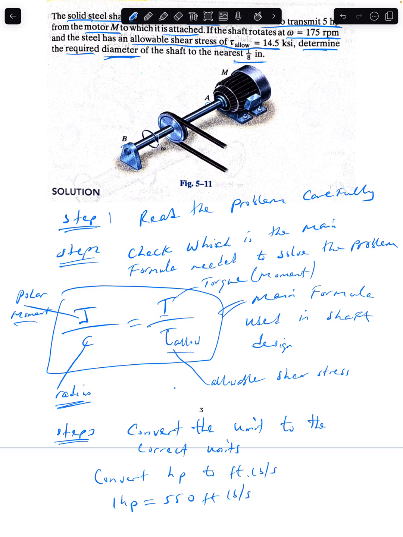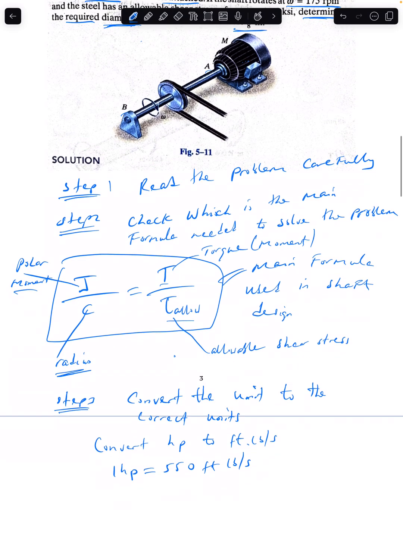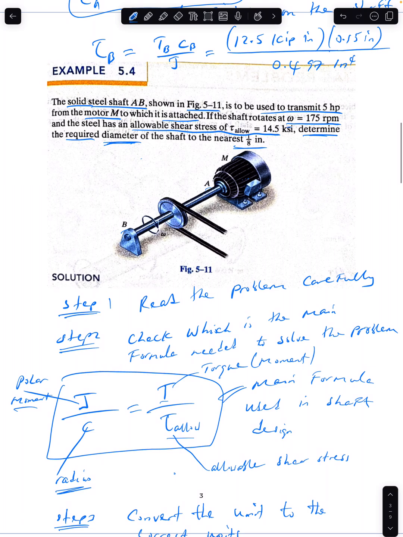I can convert that to rad, because I can be able to get that to the rad unit, which is going to be given as such: angular velocity of 175 revolution per minute as given in the problem here.